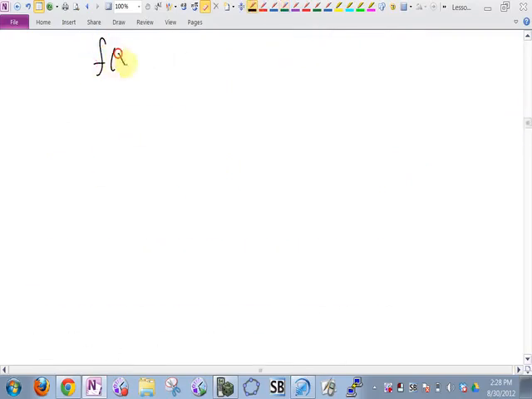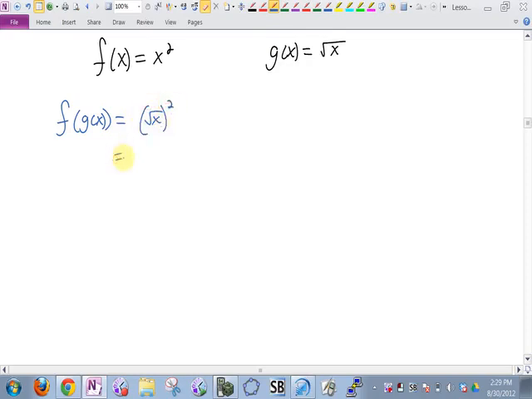Let's do another one. What's the inverse of x squared? Square root of x. Let's prove these are inverses of each other. So we compose them together. f of g of x. What is the square root of x squared? Square cancels the square root, we get x.